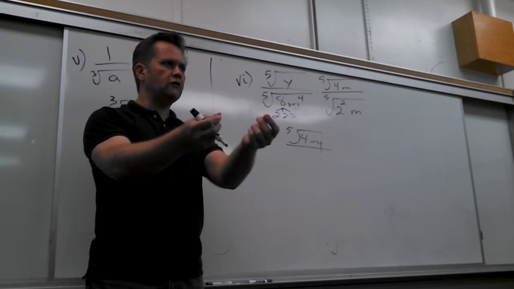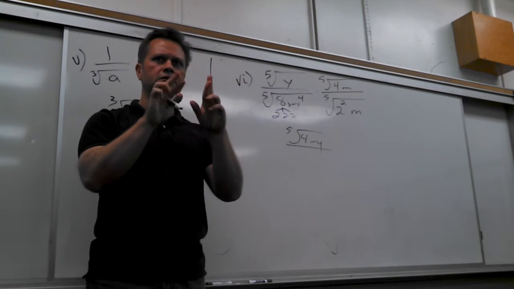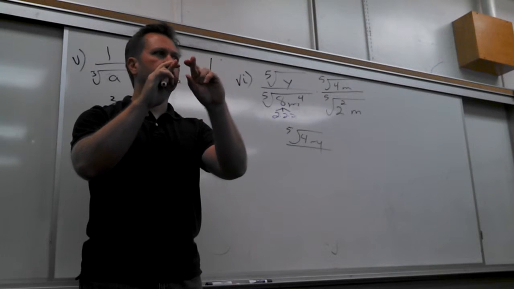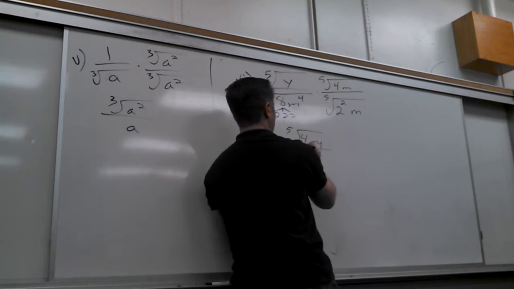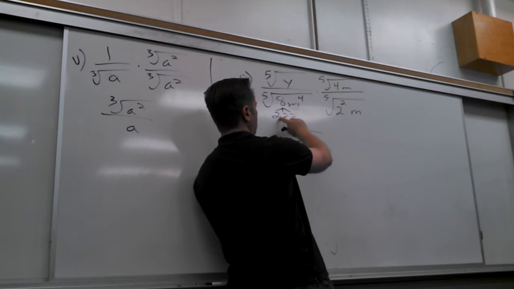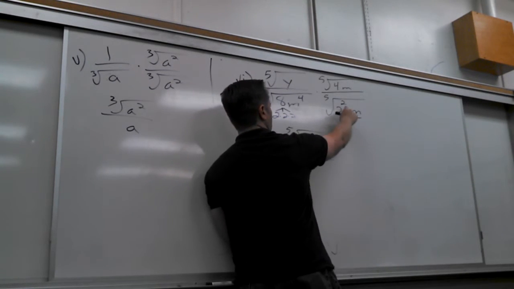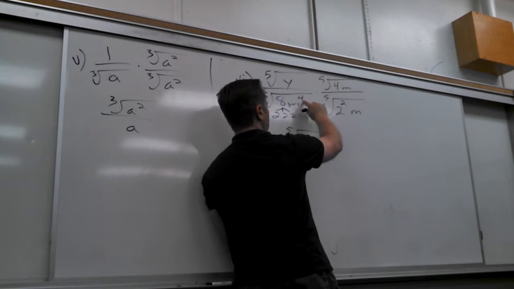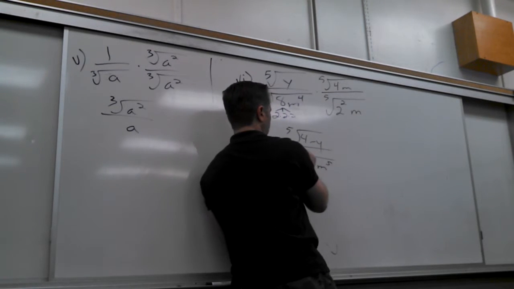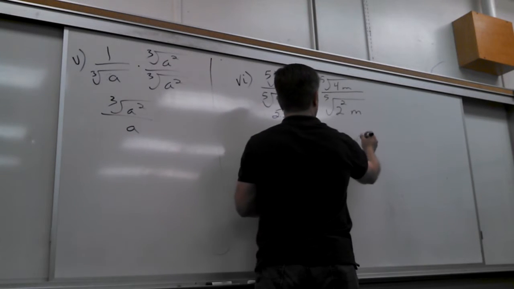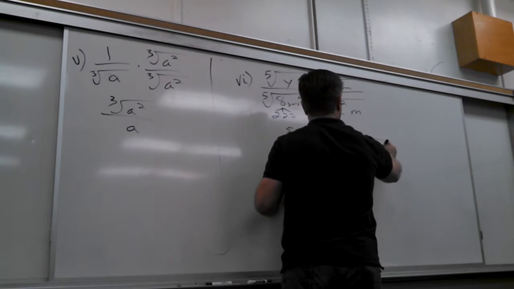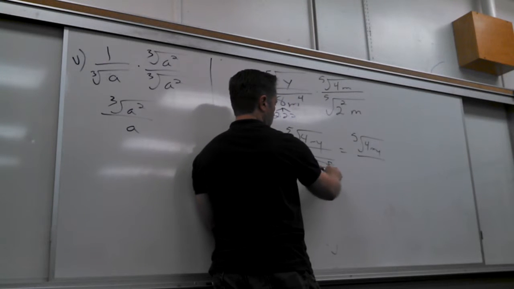The bottom, we specifically did it so that what comes out? 2m. Let me show you one more step. This will be 2 to the 5th, m to the 5th. What does the fifth root do with the fifth powers? Kills them. It does its job, so it can go. So on the bottom, I just end up with 2m.